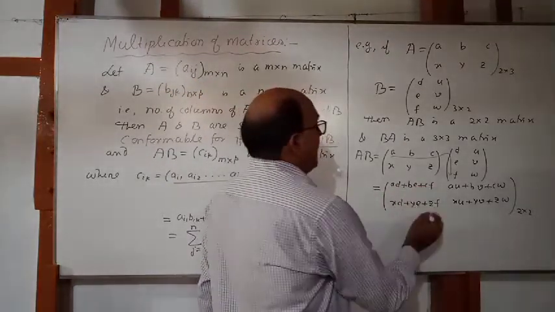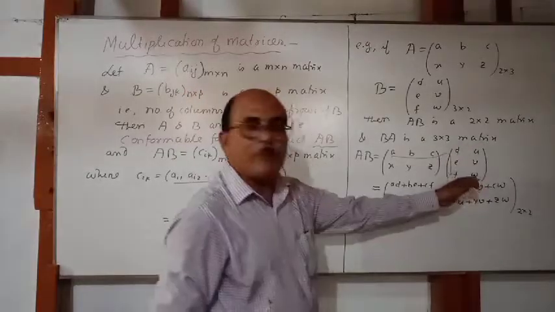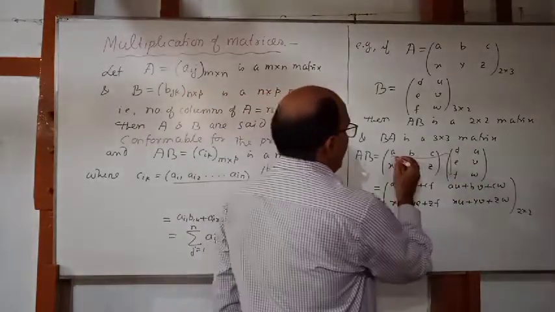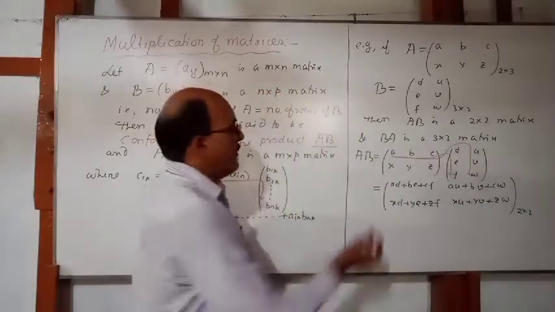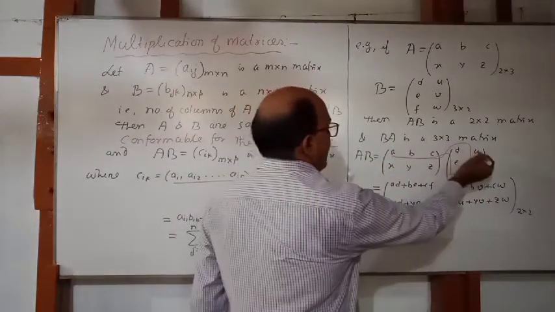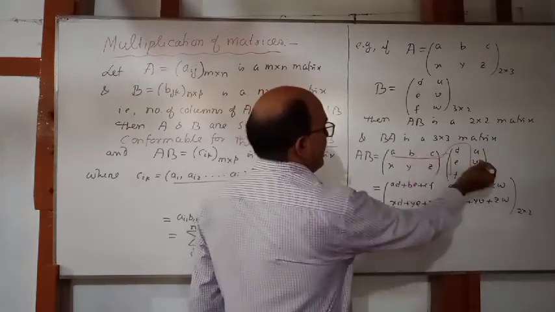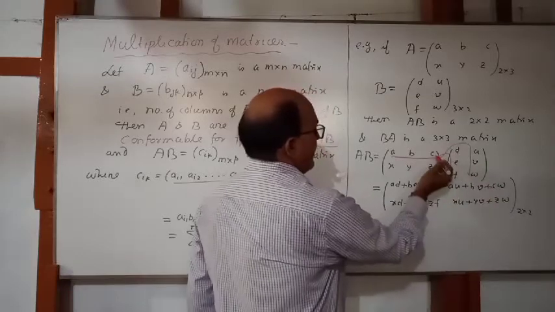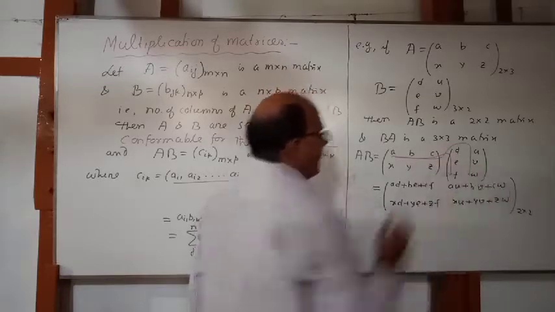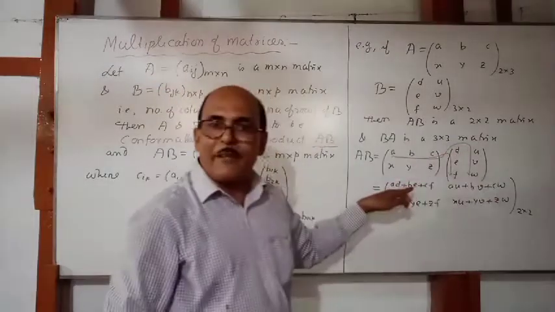Then we go to the second column because another column remains. So again this row we shall multiply with the second column. First element A, here first element U, so AU, plus second element B, here second element V, BV, plus third element C, here third element W, CW. So there is no other column, so the first row of the product is obtained.